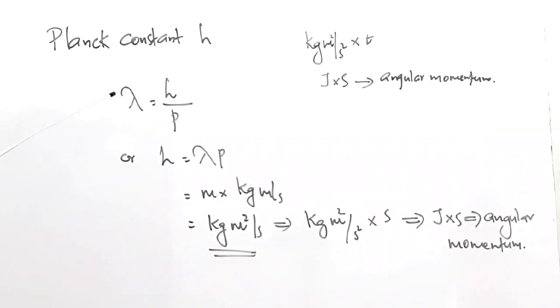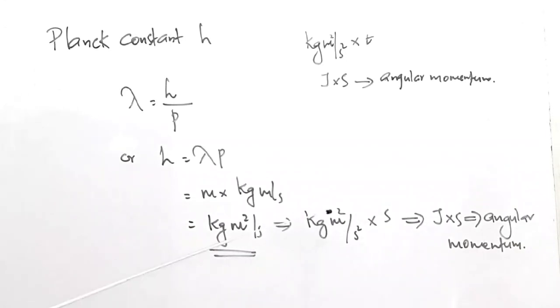Lambda is the wavelength associated with matter. So from this equation we get h equal to lambda p, and lambda is the wavelength, so the SI unit will be meter, then the unit of p is kilogram meter per second, then we get kilogram meter square per second, which can be written as kilogram meter square per second square into second.